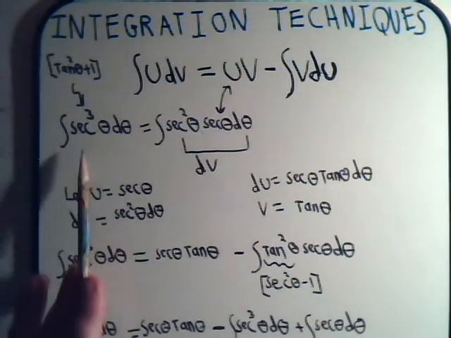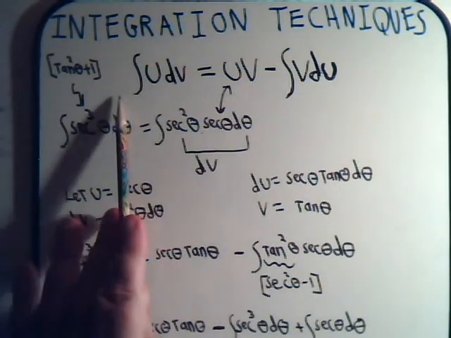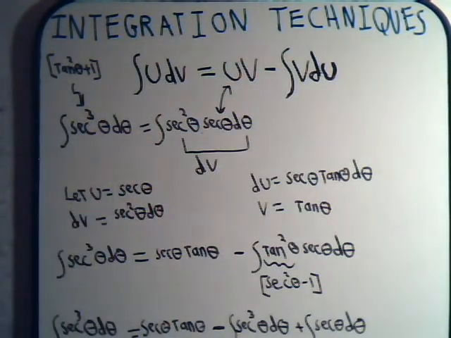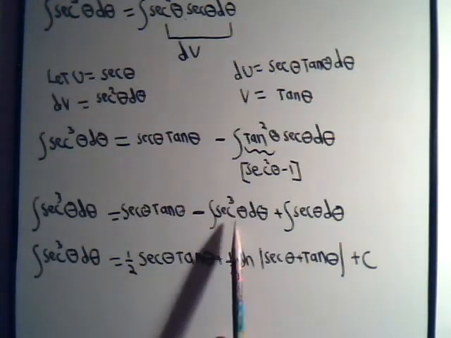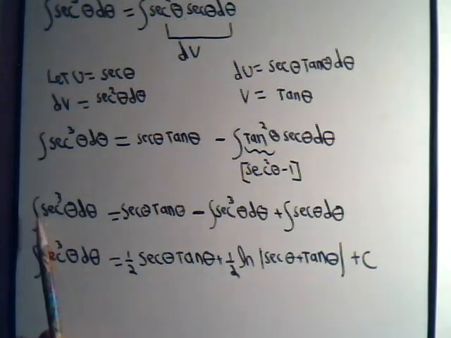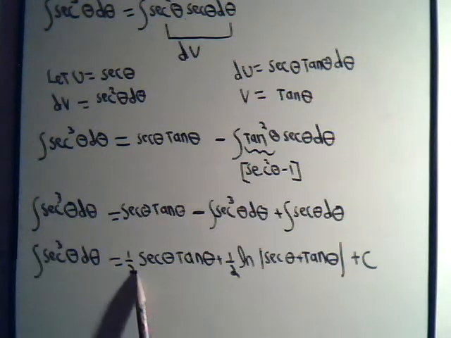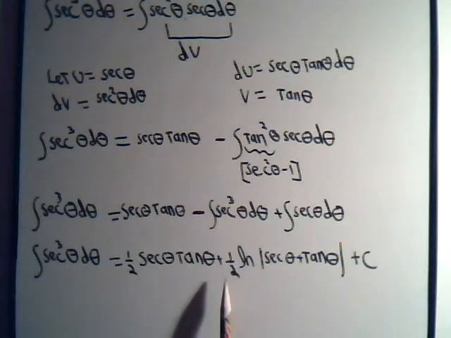Over here we had equals this, plus on the other side of the equation we had the positive integral of the secant cubed of theta. Those cancel out, but here when we do it by parts, they do not cancel out. It gets 2 times that over here, so we get 1/2 in our final expression. So this time the integration by parts works, but nothing else appeared to work.